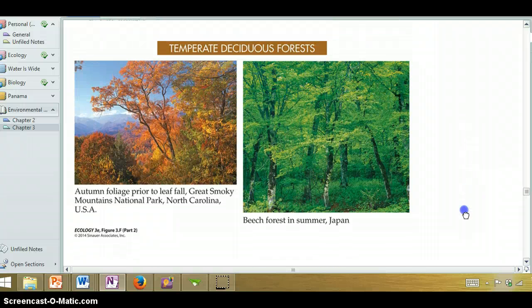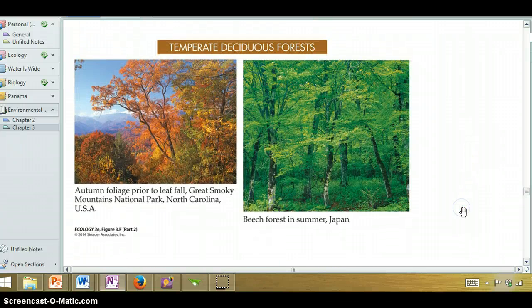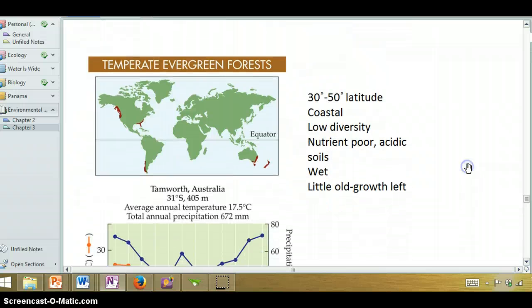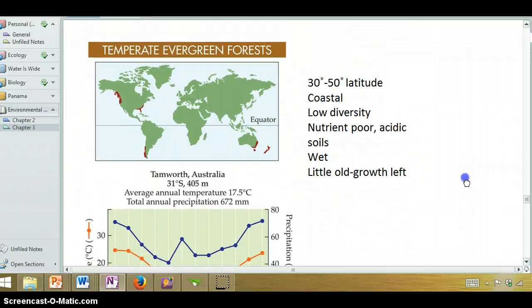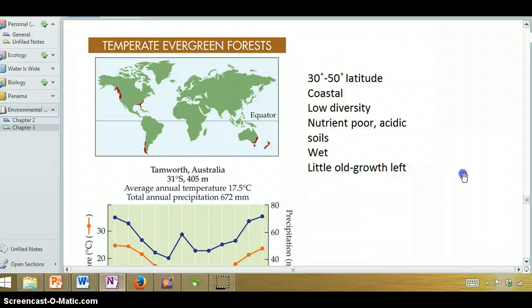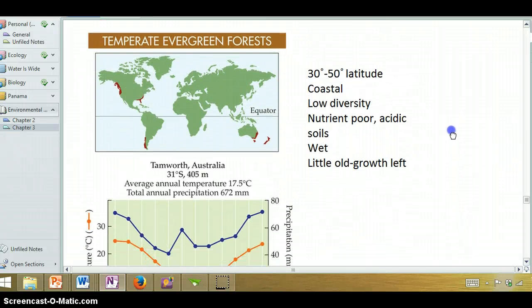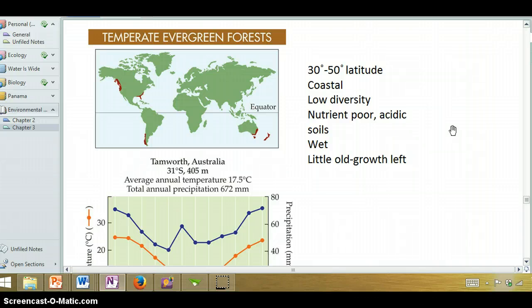And you can see in Japan that image, if we were to say that was here in the United States, you wouldn't be surprised. But again, other parts of the globe have this type of climate. Now here's a unique area, temperate evergreen forest. So these are areas that, again, are temperate, with cool and warm seasons, but tend to get quite a bit more precipitation than your typical temperate area.